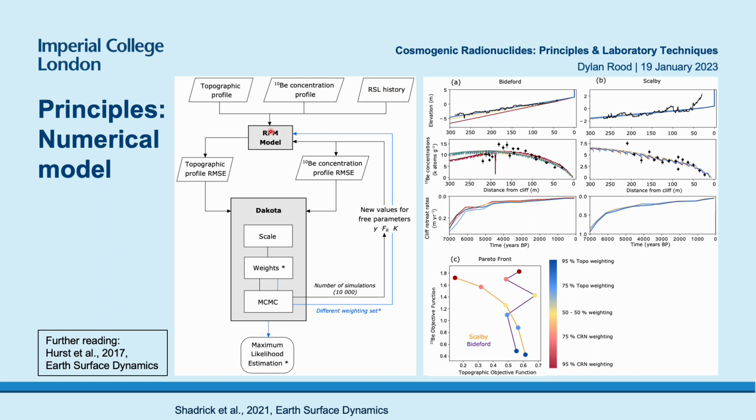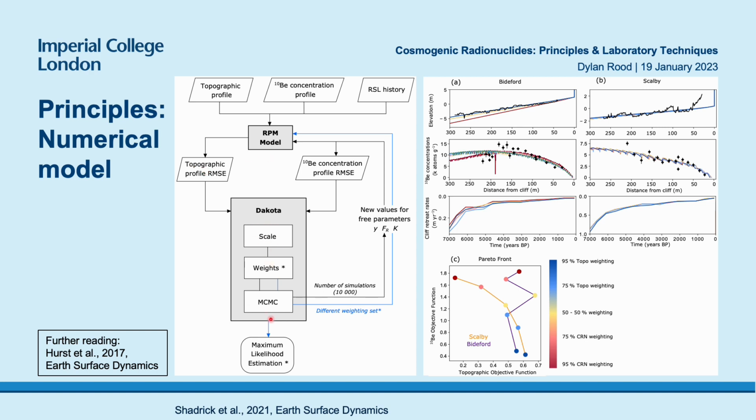Those three inputs go into that coupled model and simultaneously optimize for both, using two objectives: one using the topographic profile root mean squared error, and the other for the beryllium-10 profile. So they basically optimize both through the concentrations and the topography.